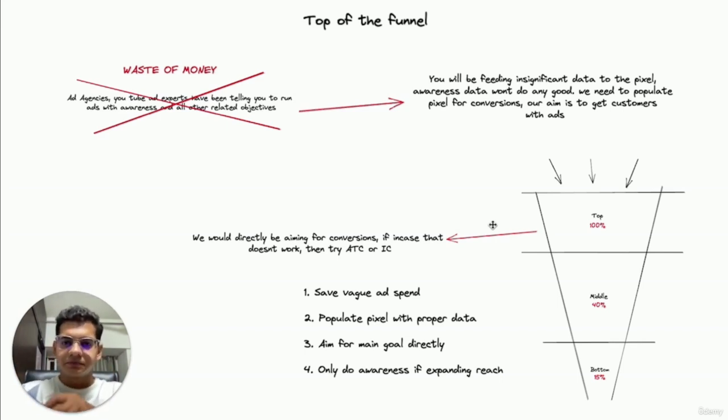So what we would be doing in this phase is starting our ads directly with sales, and under sales, purchase as the event conversion. Now there would be people saying, Akash, at times purchases don't happen on a new account; whenever your ad account is new, purchase conversion directly doesn't start happening.